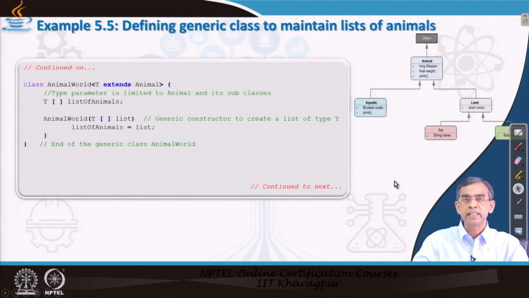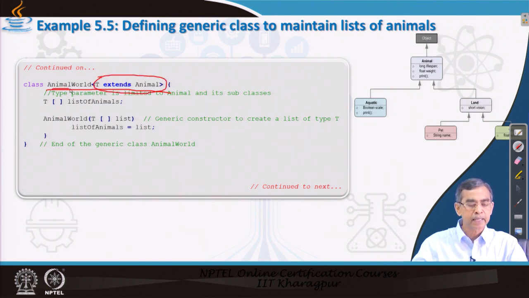This is the program that we are going to declare using our generic programming concept. The class is called the animal world class, and with its upper bound argument, it has the scope of this class as well as any subclass of it. This is the simple concept of declaring a generic class.